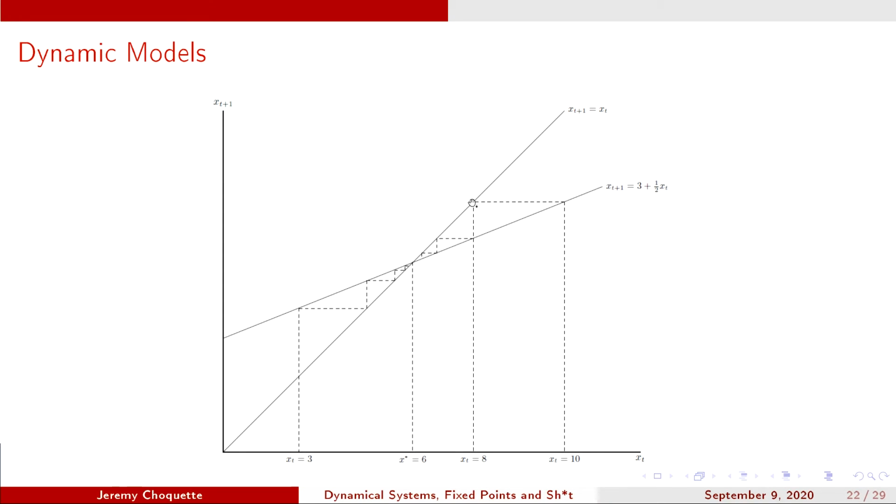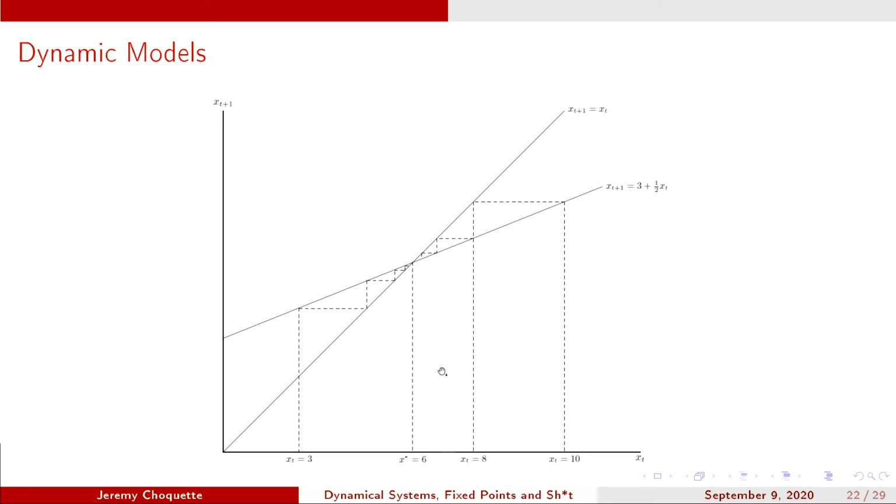So when we draw this over, right, what we're going to want to do is just draw this line down, right? Because this is x_{t+1} equals 8. We draw it down to x_t equals 8. So boom. We evaluate x_{t+1} when x_t is equal to 8. What does that give us? Well, that gives us 7.